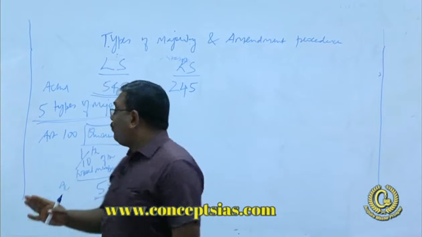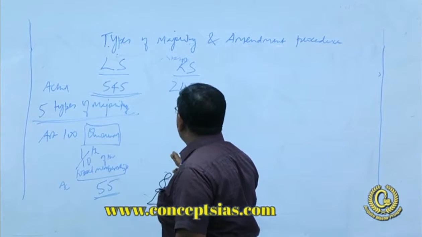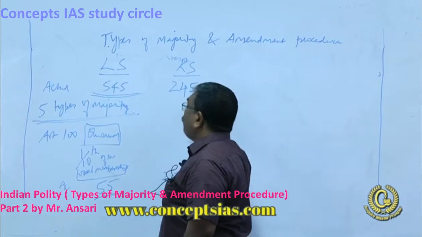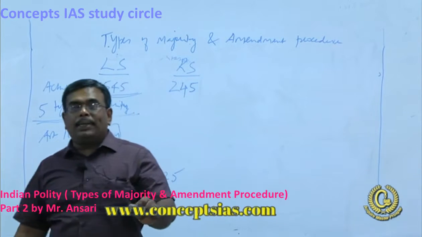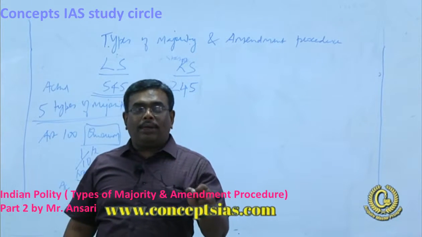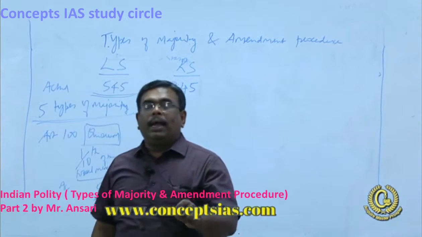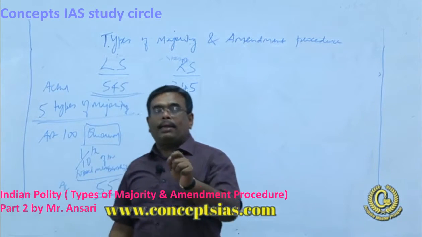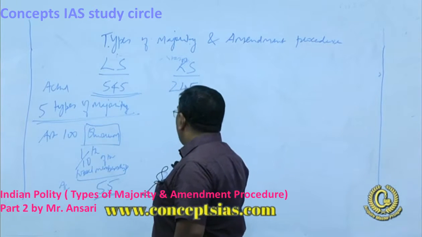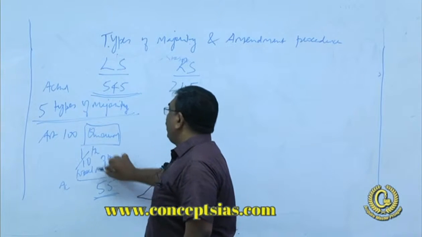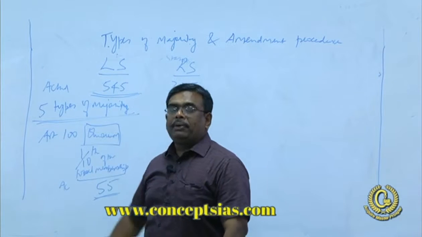So 55 members for Lok Sabha and 25 members for Rajya Sabha must be present on any working day of the session of the parliament to have the business conducted in that house. So this is the quorum mentioned in Article 100.